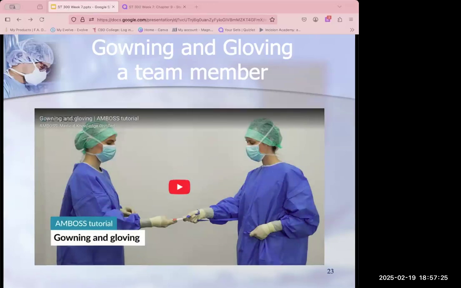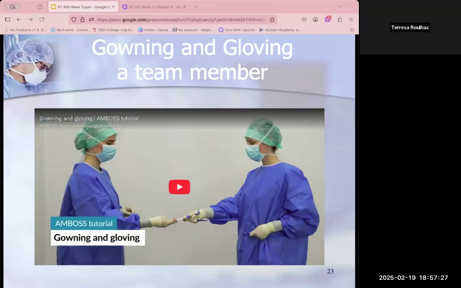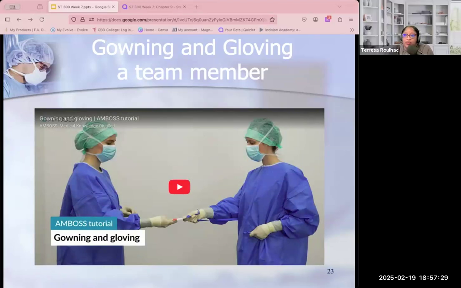So before we go to the next one, I saw a question that I wanted to answer. It says, is it better to size up for gowns so that our hands don't accidentally go past the cuffs, or do gowns normally give room in the sleeves so that that doesn't happen? Great question. The good thing is they are very roomy. Usually the gowns that come with your packs will fit almost anybody unless you're like 6'4" and like a linebacker.